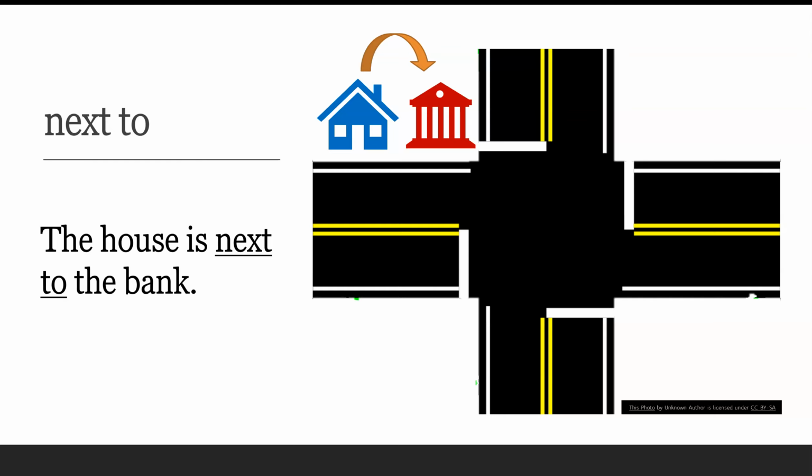Okay, we are not focusing on the street. Right? Maybe we don't know the name of the street, or we forgot the name of the street. So we look at one neighbor. So it's next to the bank, it's next to the restaurant, it's next to my house, right? You can just give that example, one neighbor.